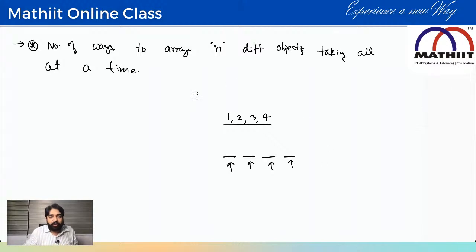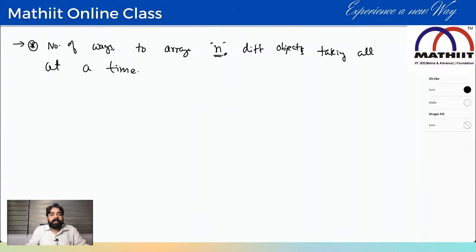Yes or no? So now, in this case, there are n different objects. How many objects are you arranging? I am arranging taking all at a time, all the objects. It means we have to arrange n objects. So how many places will there be? N places. So the first place I can fill in n ways. Second place, n minus 1 way. Why n minus 1?